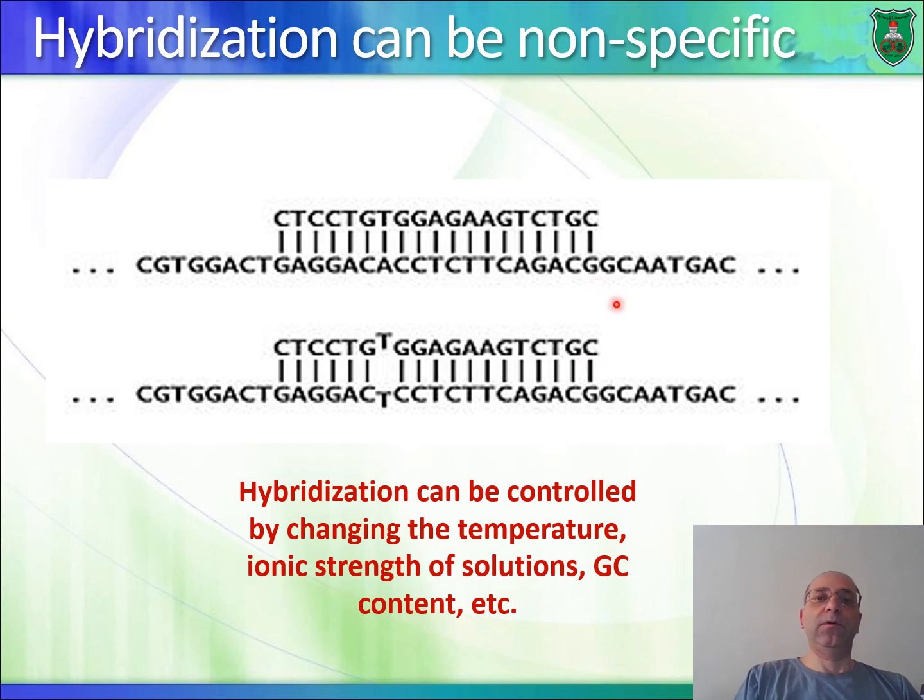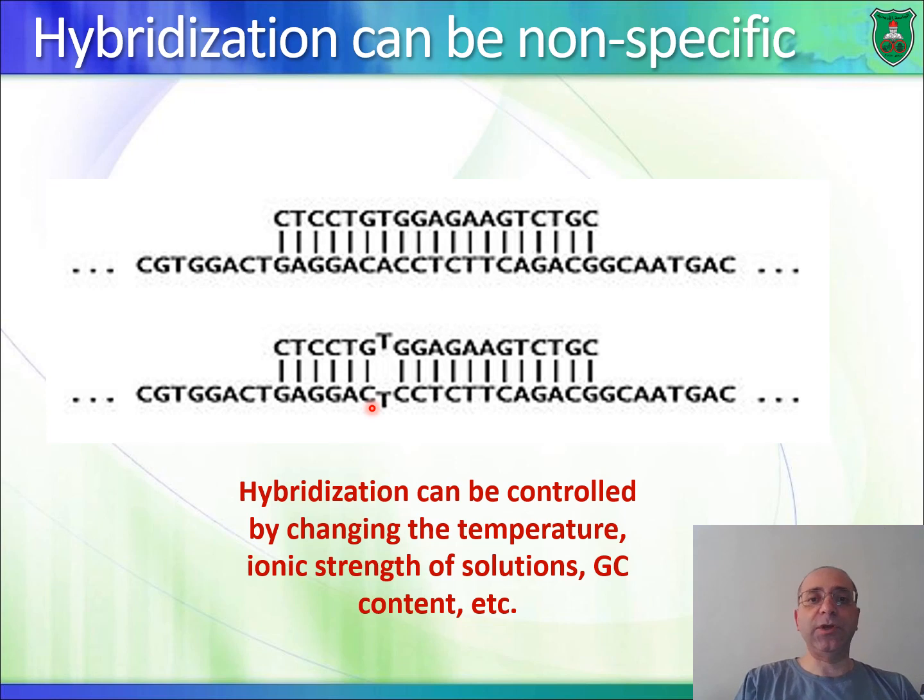Okay, now the question is, can imperfect hybridization take place? That is, let's say that you have a mismatch. You have one nucleotide at one position that is different, that is not complementary to the opposite strand. Can hybridization take place? And the answer is yes, under certain conditions.